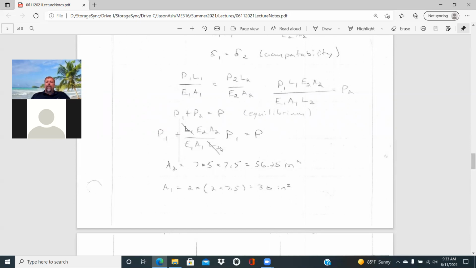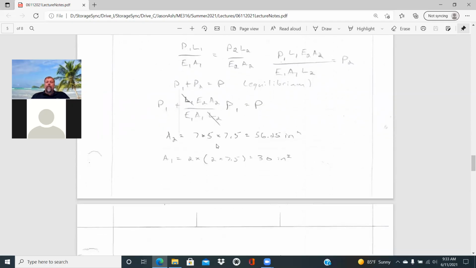With that, L1 is equal to L2, so those will cancel. And A2, the cross-sectional area of the oak, is 7.5 by 7.5, so 56.25 inches squared. And A1, again, is the total area of the steel. So 2 inches by 7.5 inches would give us one of those plates, times 2 would give us the other, to give us 30 inches squared total.